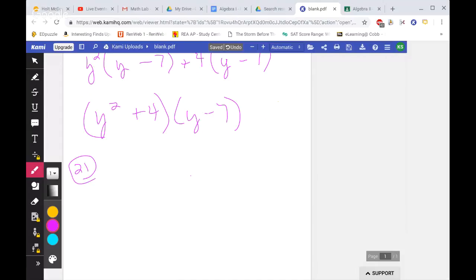I was doing the back part of the problem first. Oh, okay. That's fine. The y minus 7, you put it first. That's fine. Obviously, it's multiplication, so in the end, it doesn't really make much difference which one you write first.